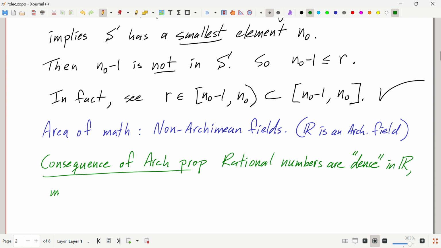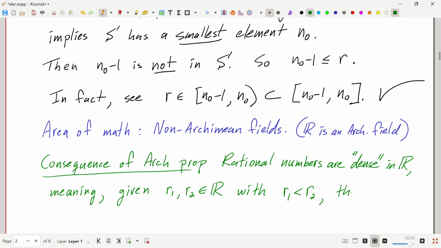Meaning, give me two real numbers that are different, given R1 and R2 in R, with R1 less than R2, there's a rational number.